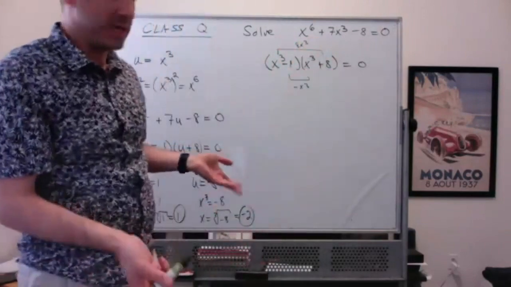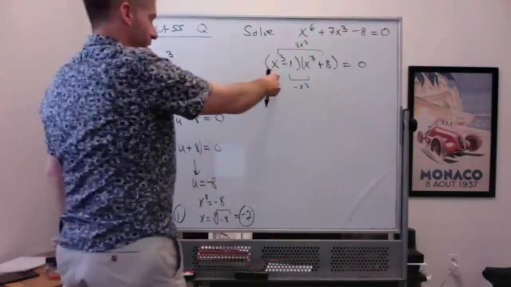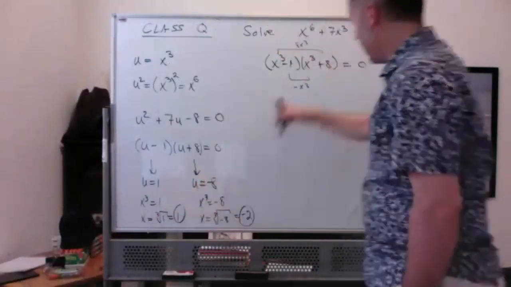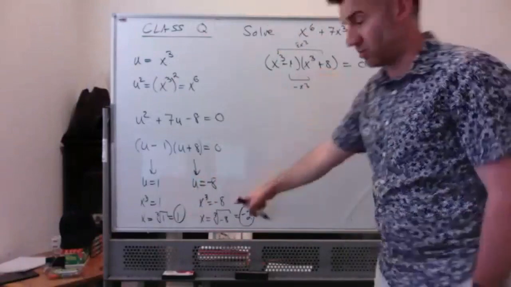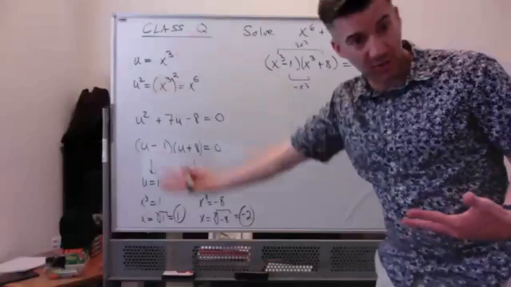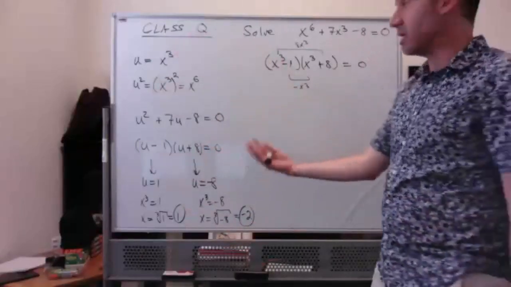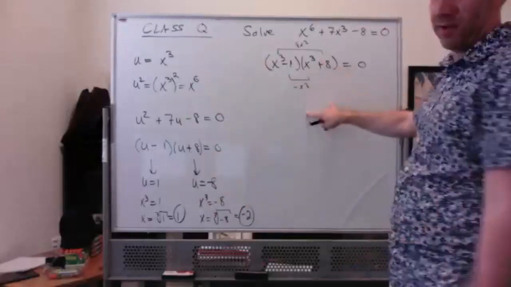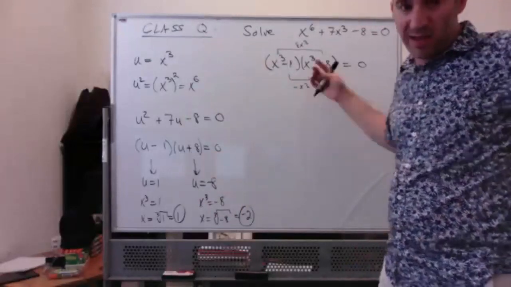And then you would see the same solutions. You're going to get x cubed equal to 1, which is literally just taking you right to there, and x cubed equal to negative 8, which is really what we have right there. So what I'm trying to say is you don't have to do this u-substitution process, but some people find it much easier to do it that way. But if you can just factor it by seeing it, then that's also perfectly good.